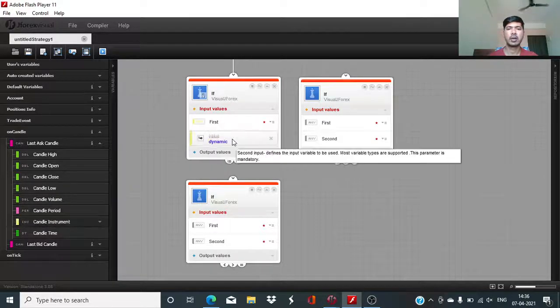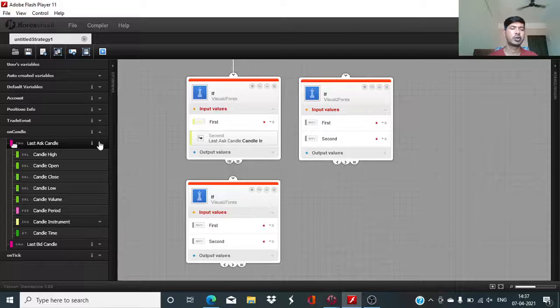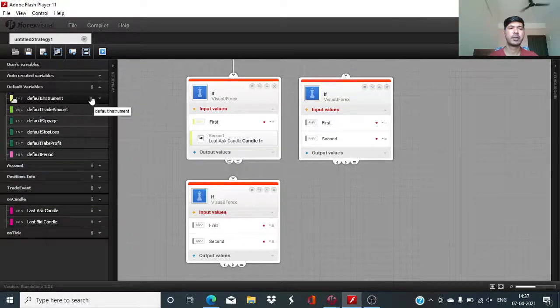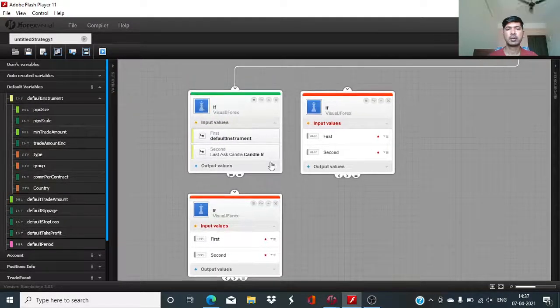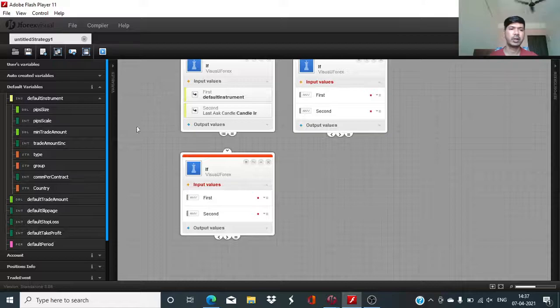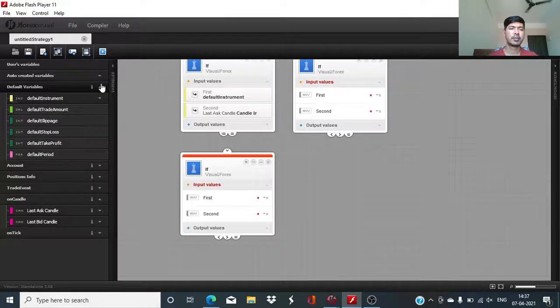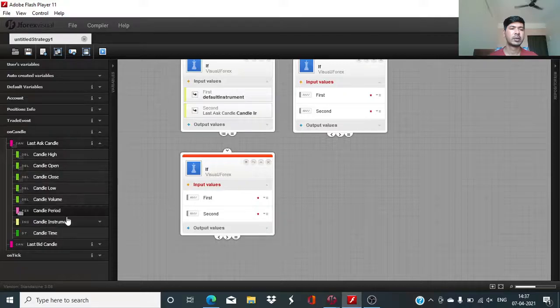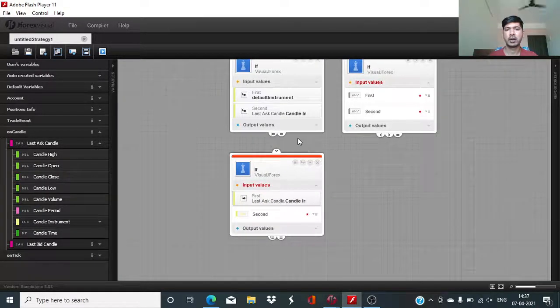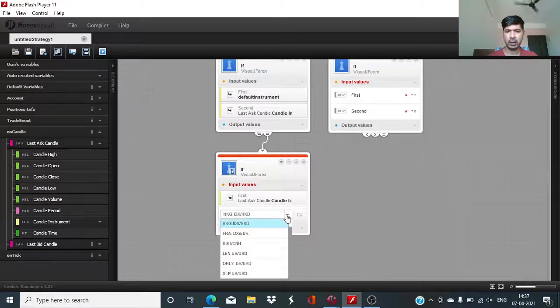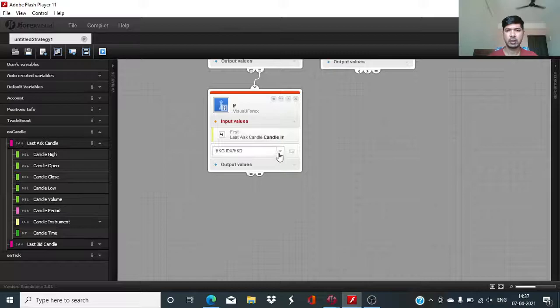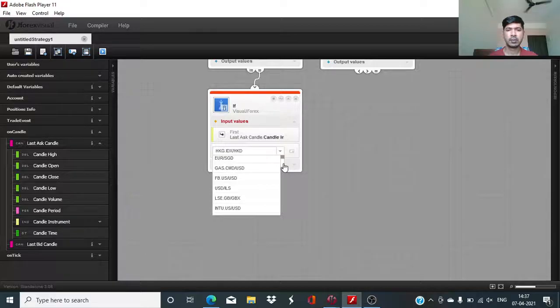This is the candle instrument and it should match the default instrument. Okay, default instrument is EURUSD. Again, we bring in the candle instrument. First input equals second input, and here we will have to find the EURUSD. Okay, you got this.